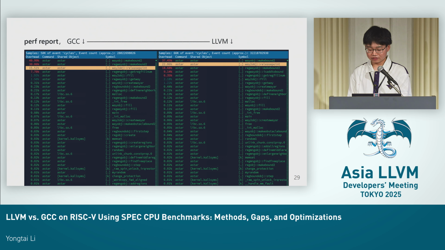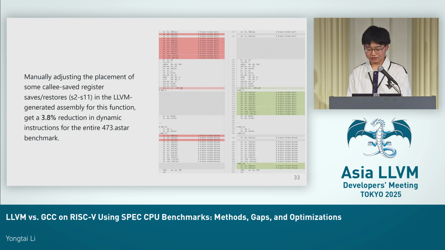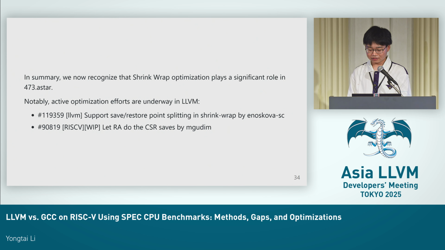In fact, if you move the if statement out of the function, you can get a performance improvement. Regardless, we now know that 473.astar is sensitive to shrink-wrap optimization, and you may notice that there are several improvement PRs currently in progress.